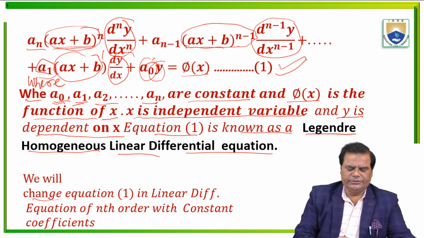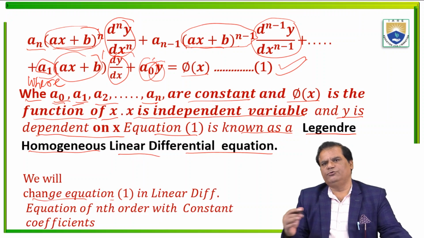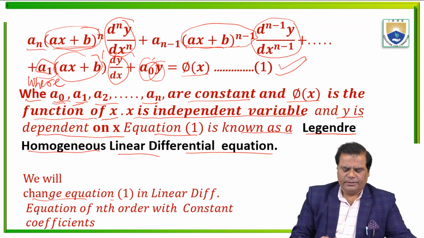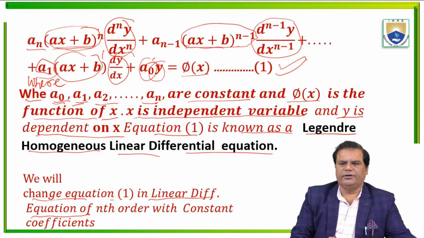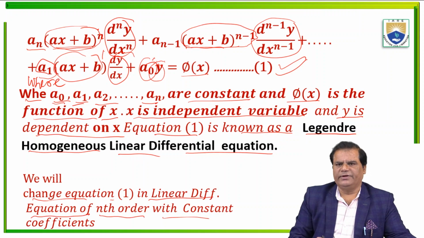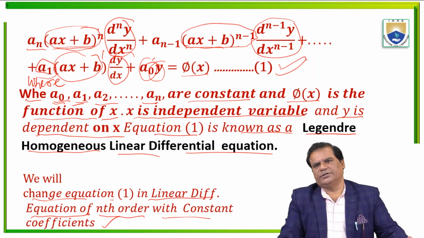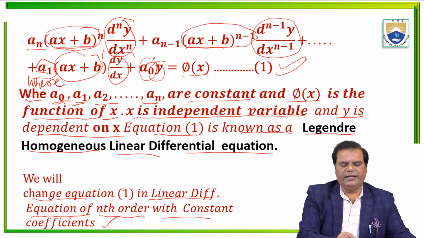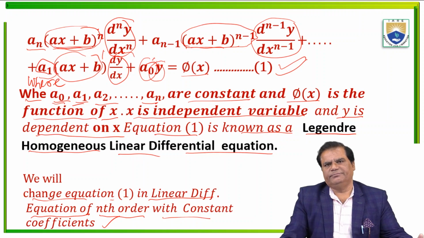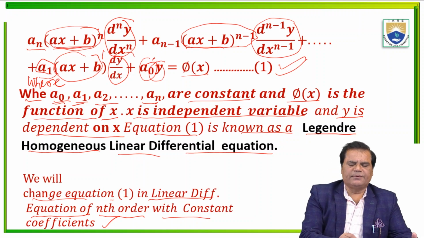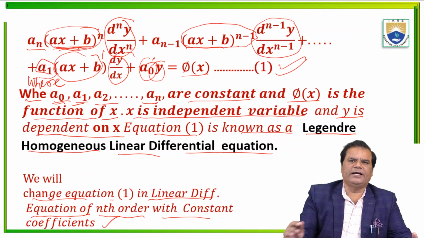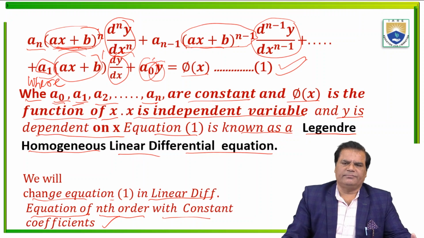We will change equation 1. Here we want to change this equation 1 into a linear differential equation of nth order with constant coefficient. This is a homogeneous equation. There is a variable multiplied with the derivative in each term.